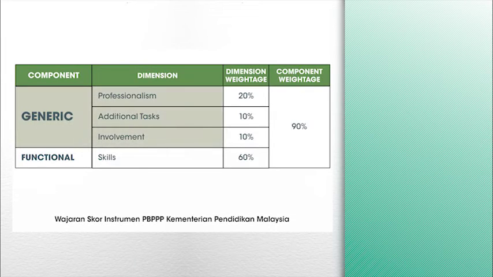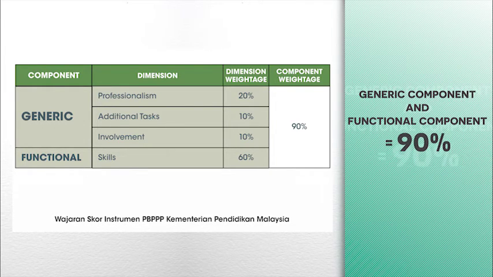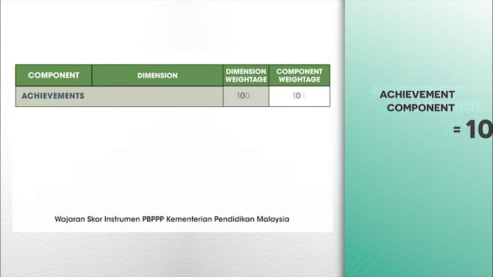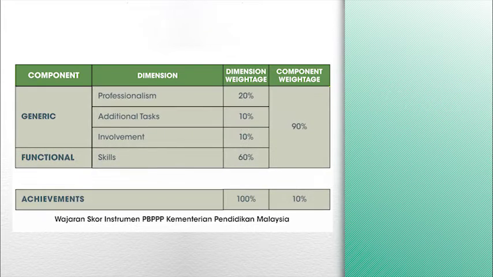The generic component has a weightage of 40% and the functional component has a weightage of 60% for a total of 100%. However, the total weightage for both components in the instrument is 90%. The achievement component has a 10% weightage.